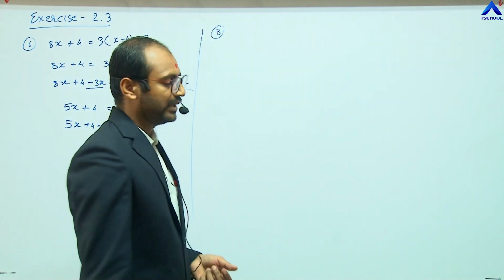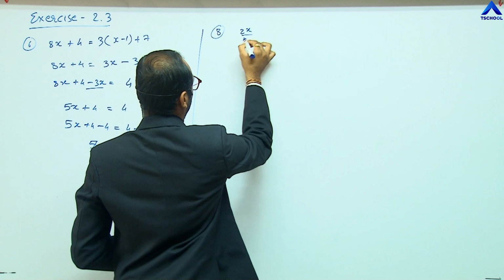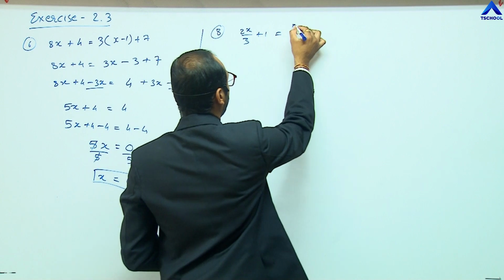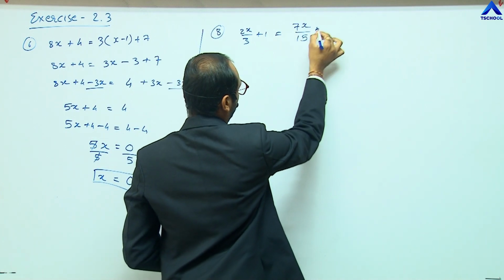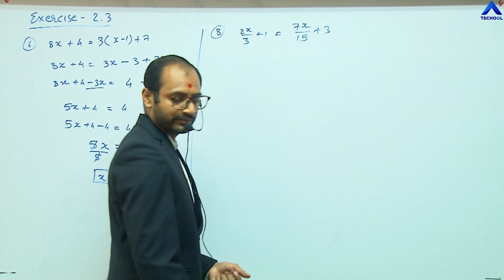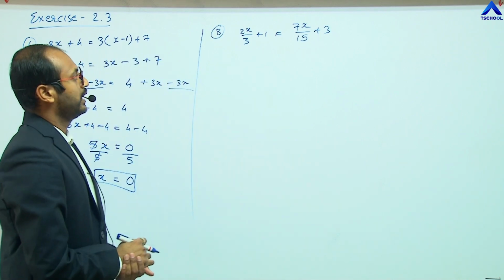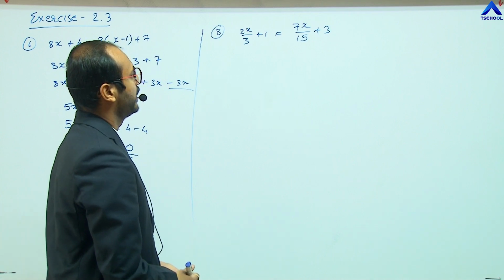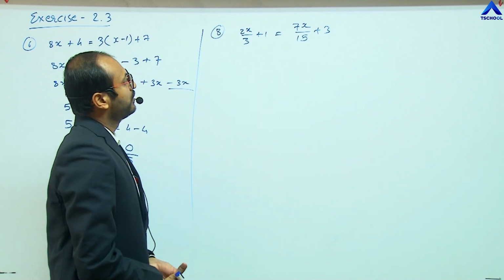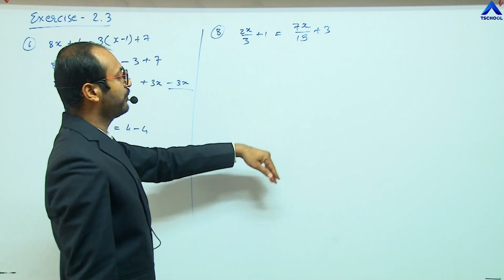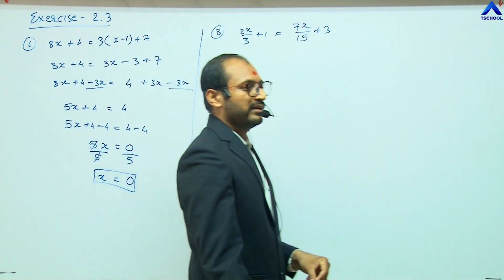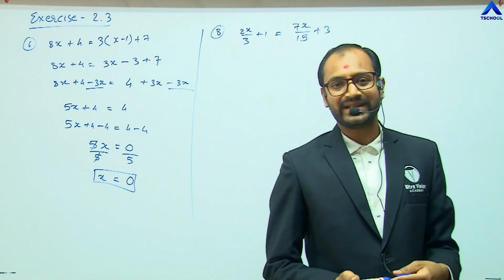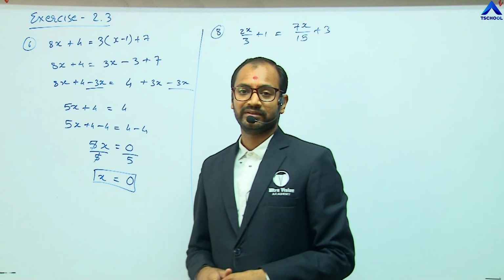2x upon 3 plus 1 equals 7x upon 15 plus 3. Clear? Now, how can we solve this? First of all, we have to remove the denominator first. That means the simplification of whole and integer numbers is quite simple compared to rational numbers.